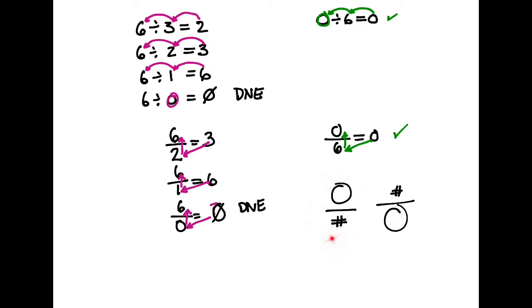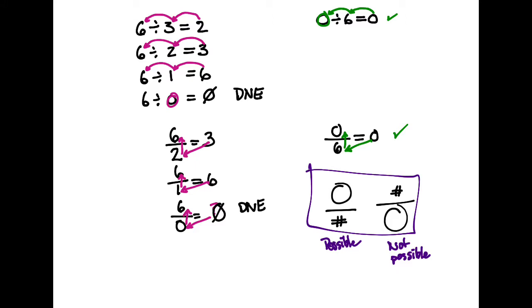So this works. However, a hot air balloon having the basket above it doesn't work. It'll crash and burn every time. So this is not possible because it'll crash, and this one is possible. If you can remember this, then you can translate that into these.